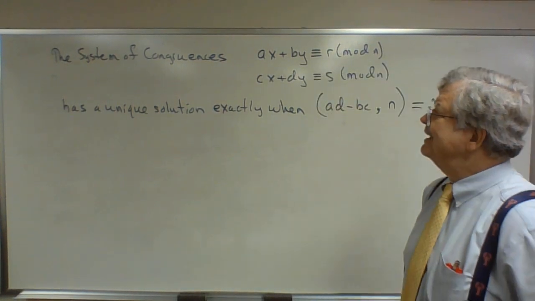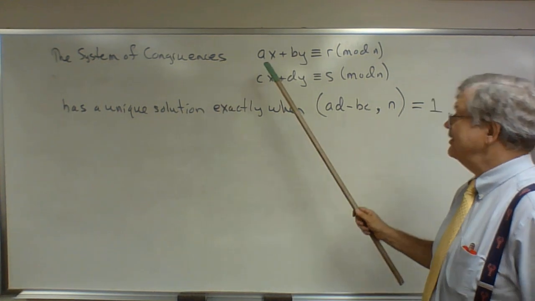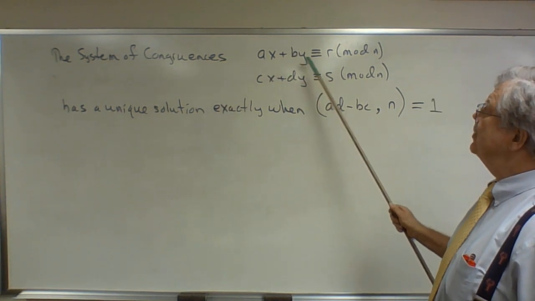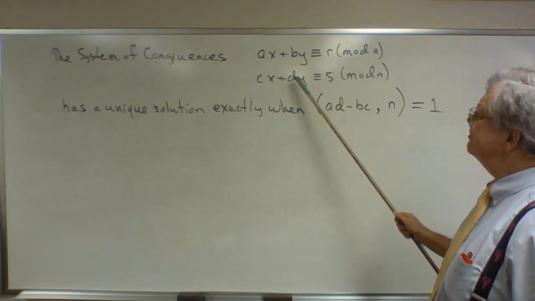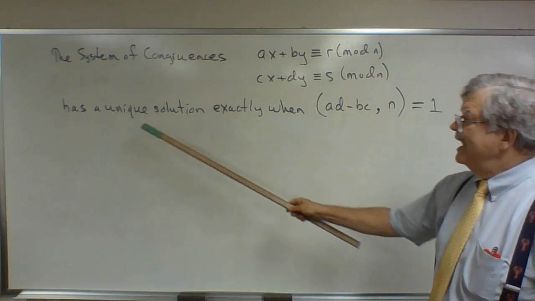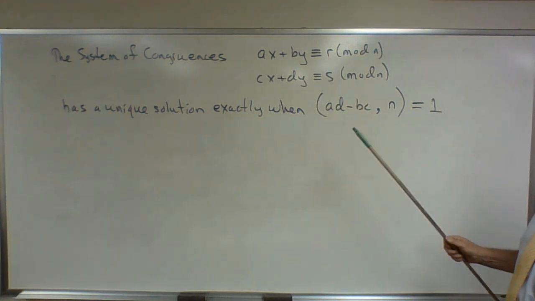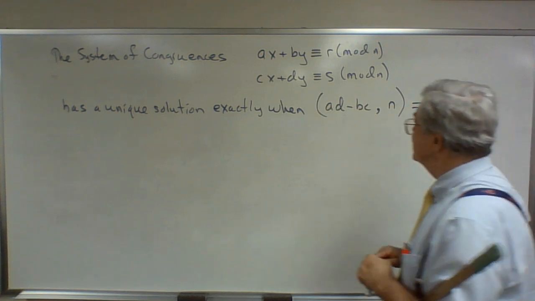Here's an analogous theorem regarding a system of congruences. AX plus BY congruent to R mod n, CX plus DY congruent to S mod n has a unique solution exactly when this thing, do we remember that?